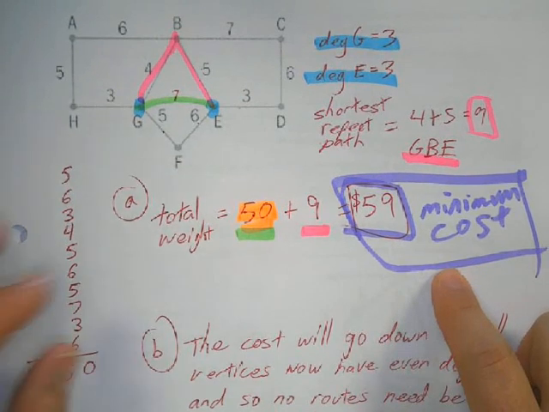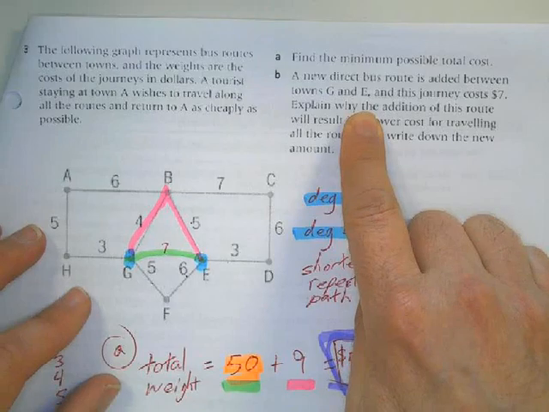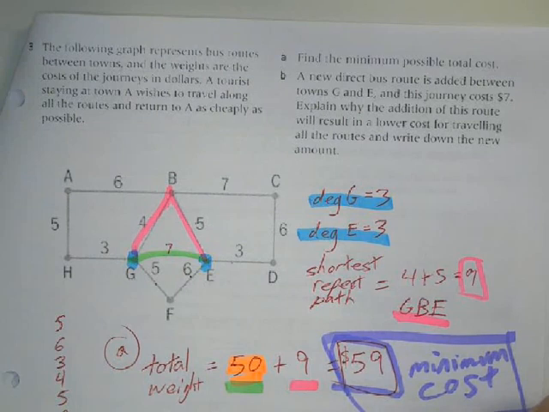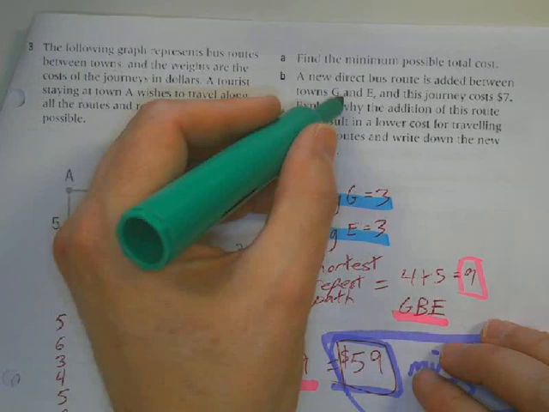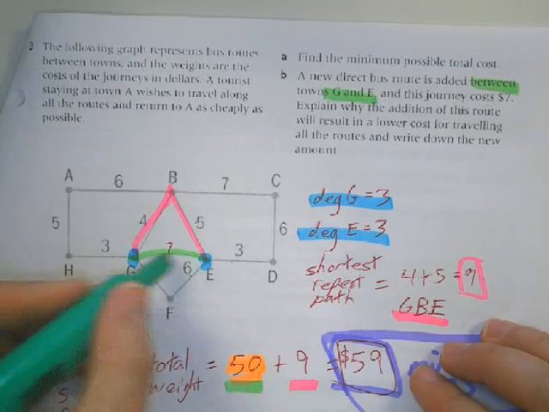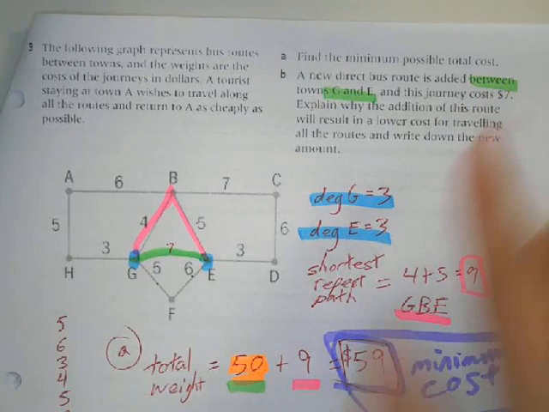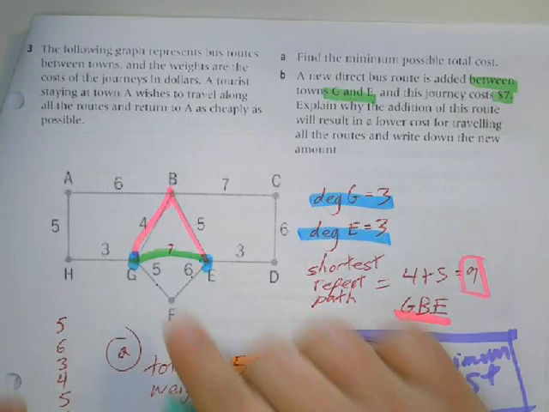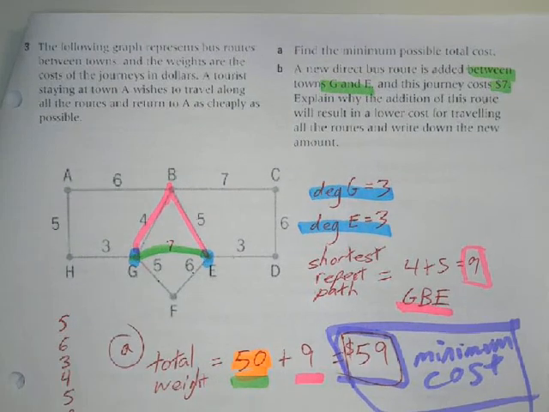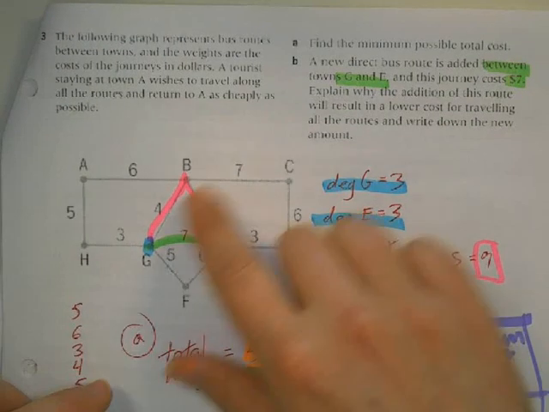Okay, a new bus route is added between G and E. So if I'm adding a new bus route between G and E, I've drawn it here in green, and this journey costs $7. So I'm going to put a little 7 there. Okay, so now it's going to become a Eulerian circuit, because now I don't have to do any repeat.